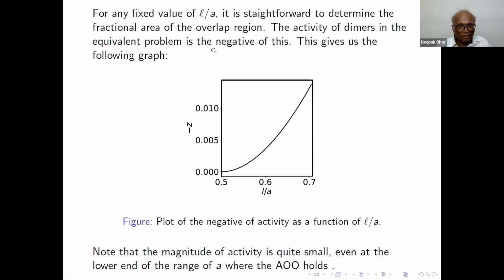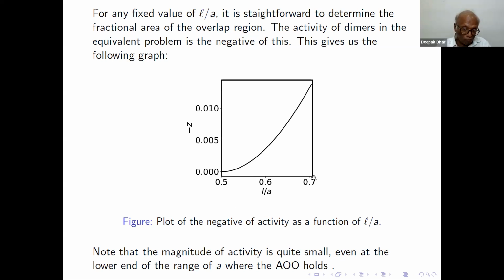So the activity of dimers is the negative of this, and it gives you the following graph. You plot Z as a function of L by A. Z is negative, but I plotted minus Z, and it increases. At L by A equal to 0.5, which is the place where things just start overlapping, this Z is 0 and it increases.